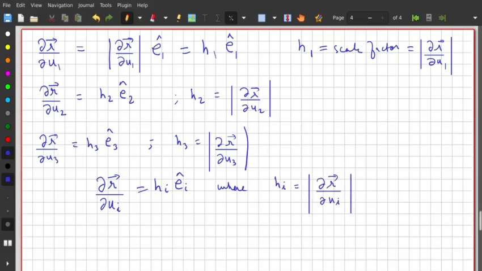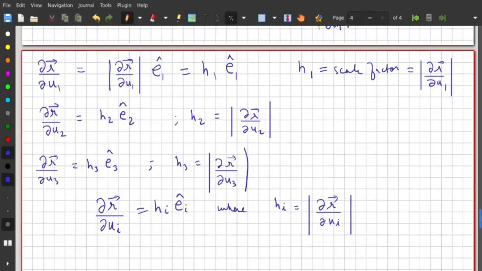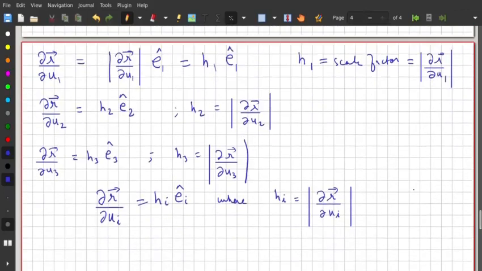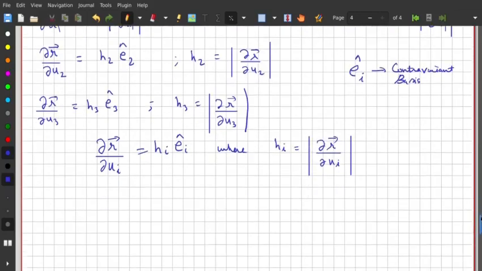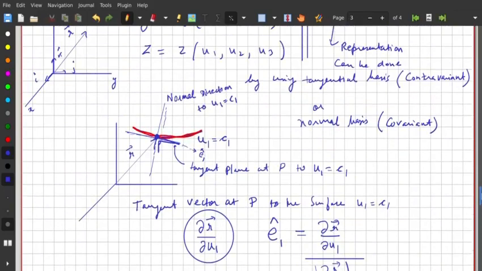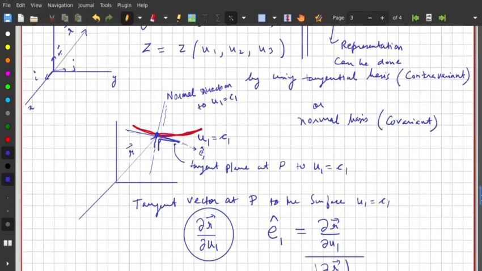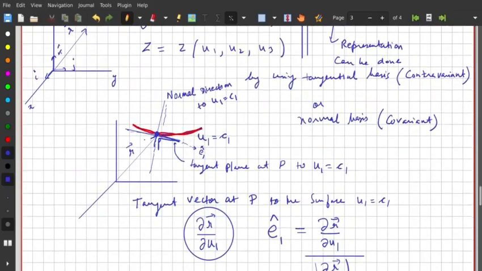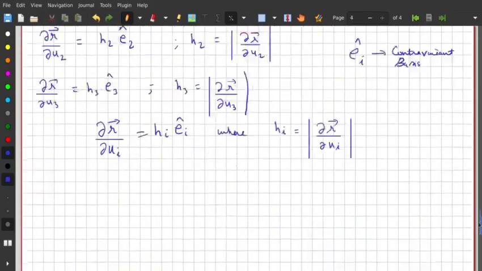That's the representation. You can think of these ei caps as representing the contravariant basis. Now let's try to represent in terms of the normal.